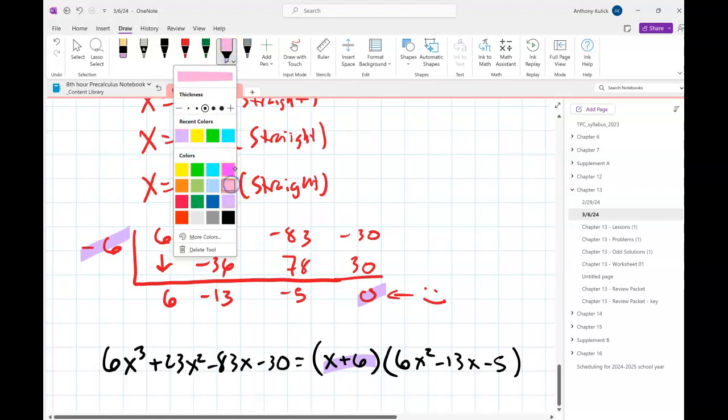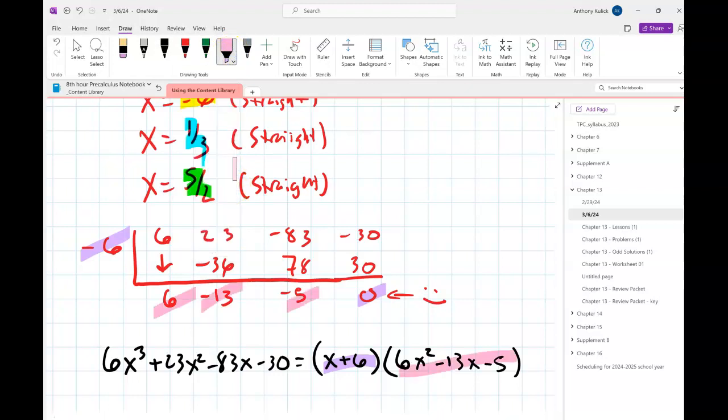How do I get that part? The numbers under my synthetic division bar. Does everybody feel okay? Now I have 2 choices. Notice that my factoring resulted in a linear polynomial and a quadratic polynomial. Do we know how to solve every single linear equation?